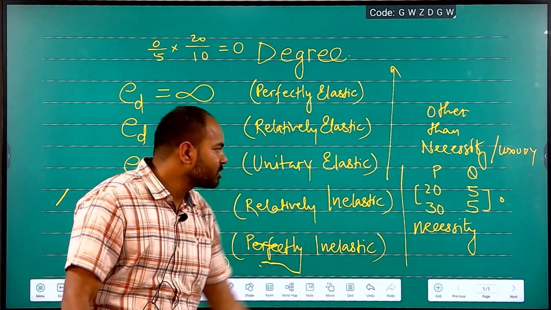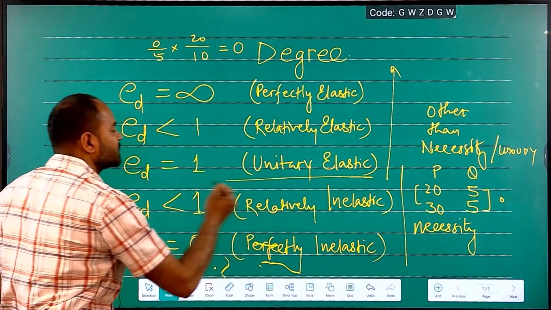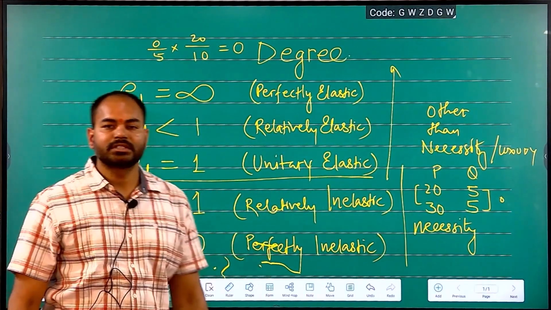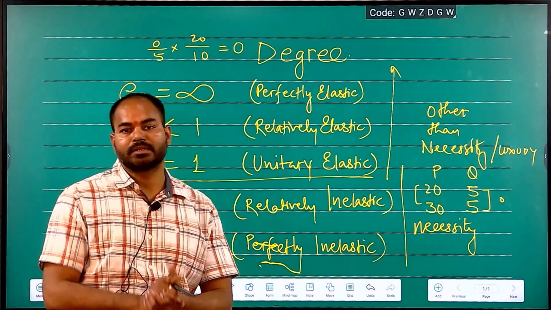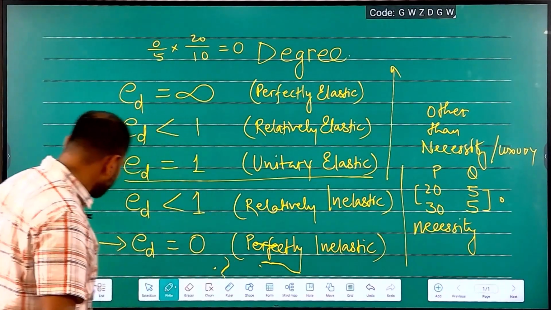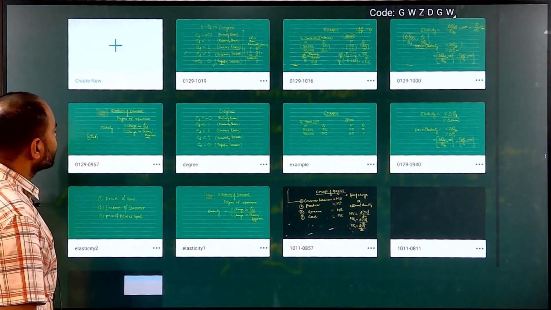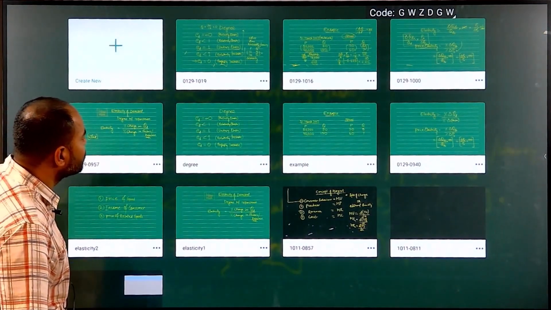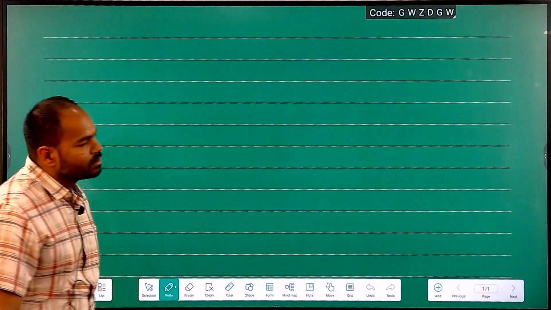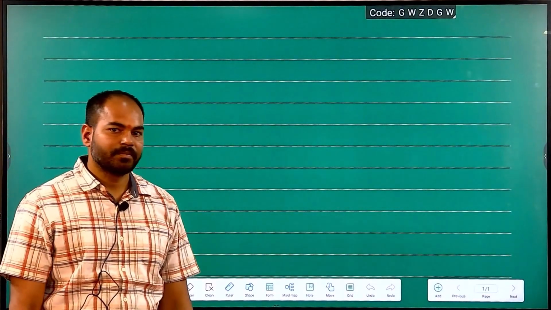Okay, and the borderline is unitary elastic, that is when the percentage change in demand is the same as the percentage change in price. So we have just understood the degrees of elasticity.